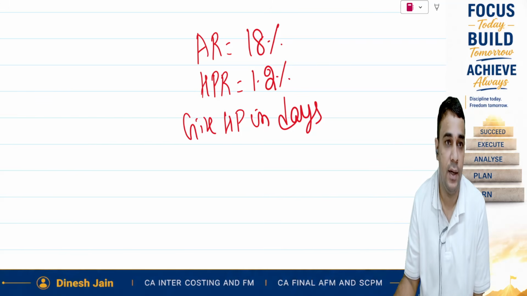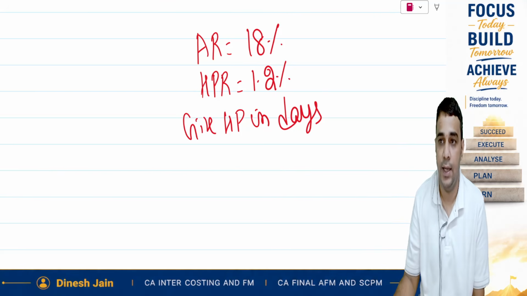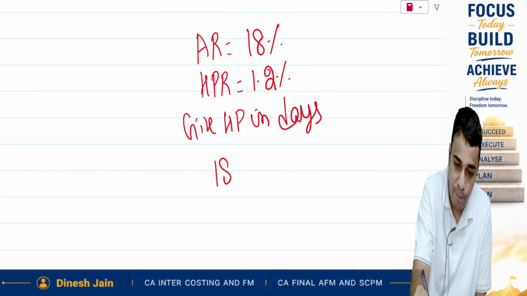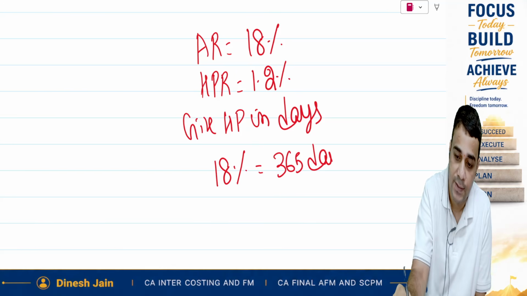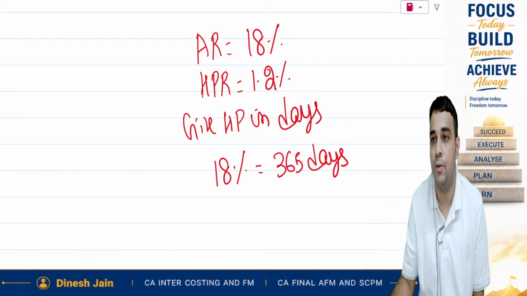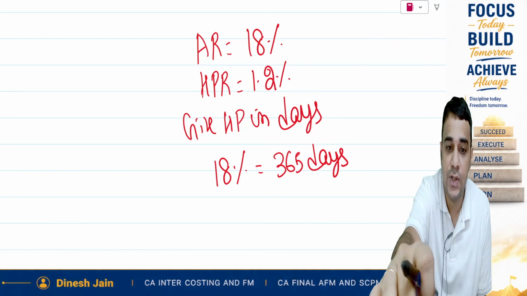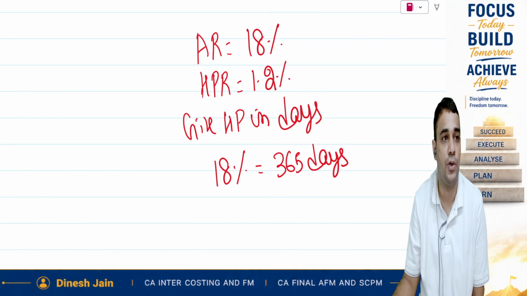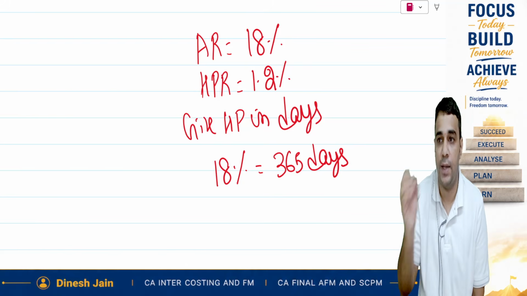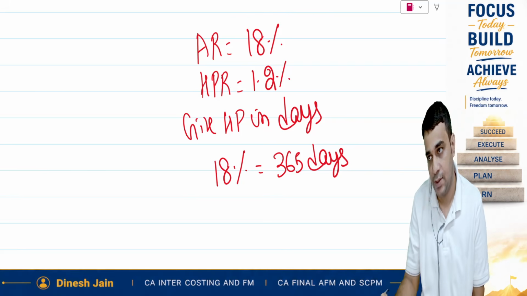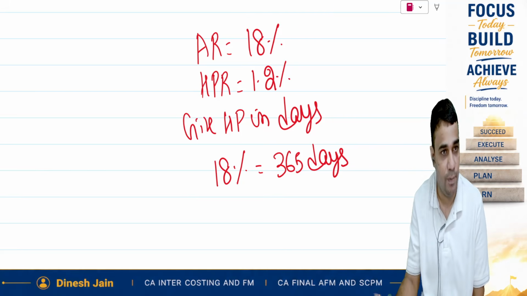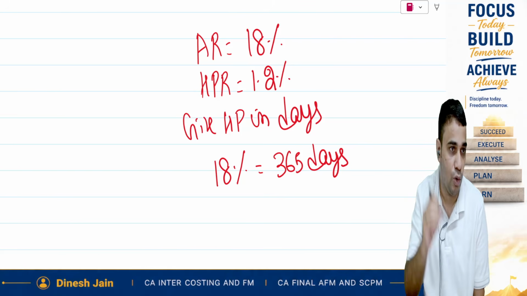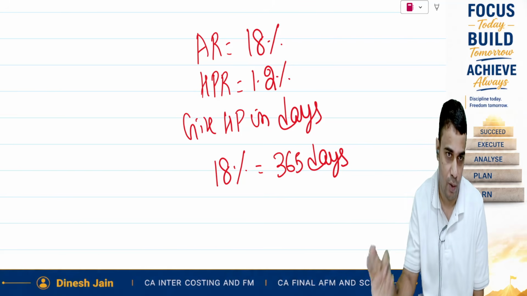Listen, 18% equal to 365 days. You can say 18% equal to 365 days, 12 months, or 1 year. All are the same.